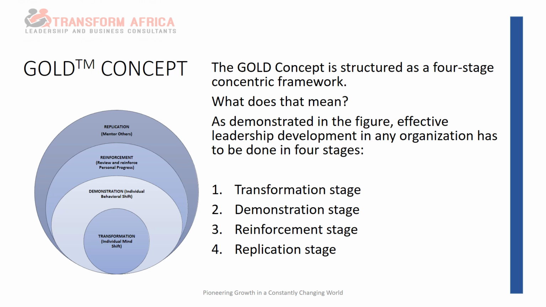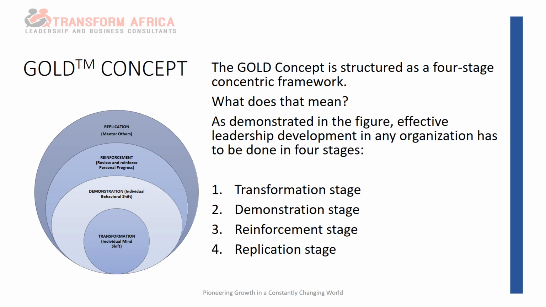Now, I will explain what each of those circles means, but I want to talk about the circle that is in the middle first. When you look at those circles, you see the transformation circle being in the middle. Right there, it says individual mind shift.